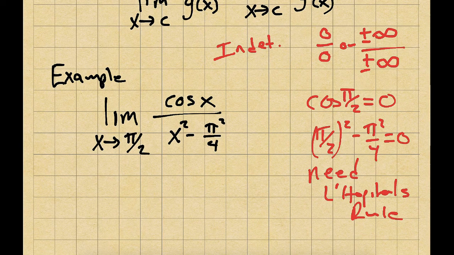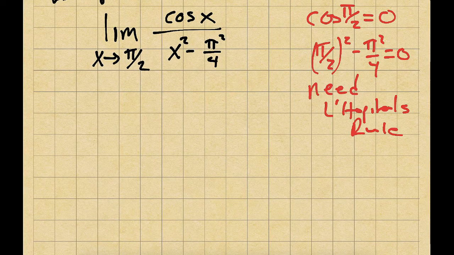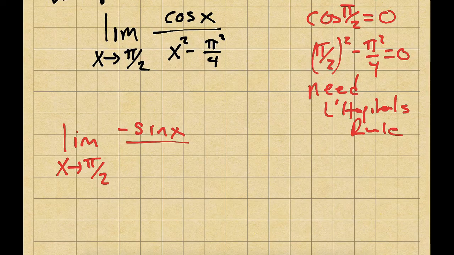We can use it because we know the 2 things evaluated individually are 0 at the value we're concerned with. So we take the limit as x goes to pi over 2. The derivative of cosine is negative sine, the derivative of x squared is 2x, and the derivative of pi squared over 4 is just 0.